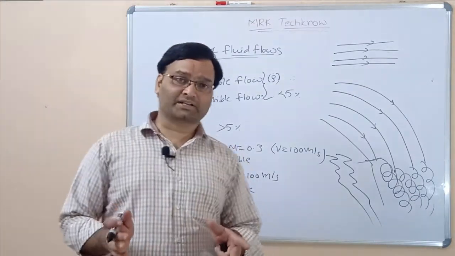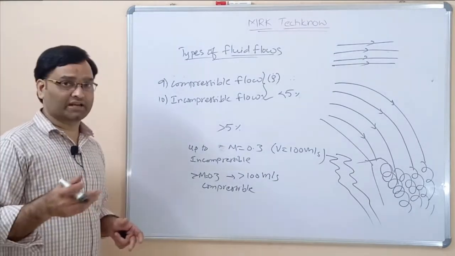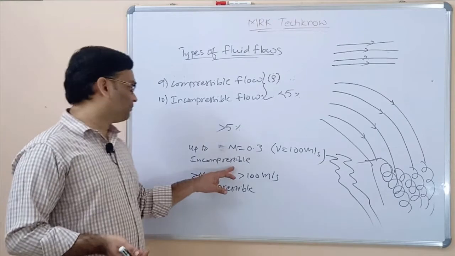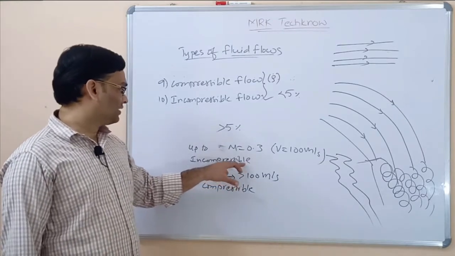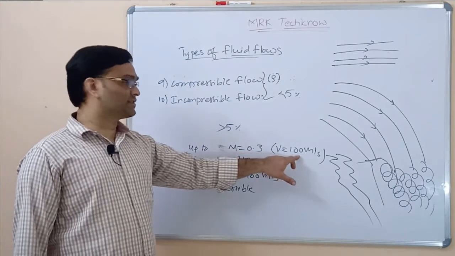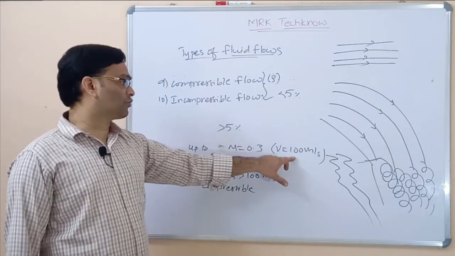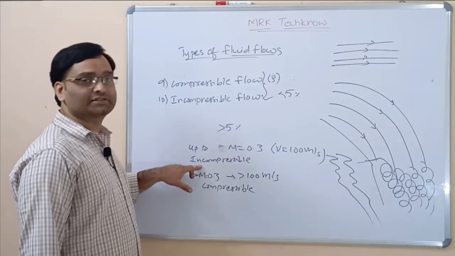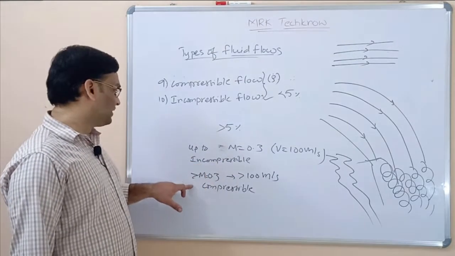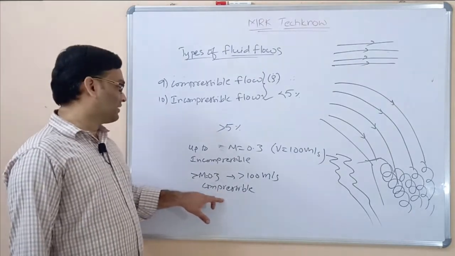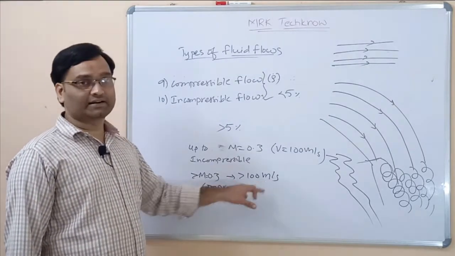If you are taking a particular gas, we have to calculate based on specific gas constants. So for atmospheric airflows, up to Mach number 0.3 under STP conditions, corresponding to approximately 100 meter per second, you can consider incompressible flows, and beyond that, greater than 0.3 Mach, which is greater than 100 meter per second, it is compressible.